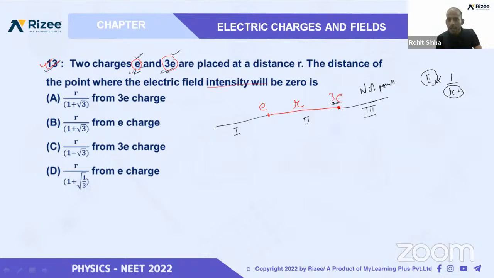If this one has more charge, then we have to move far from this charge and closer to this charge. Then only can we balance the electric field intensity, by common sense. So it can be either this side closer to E, or this side, so that it will be closer to E. So there are two possibilities. It can be here or it can be here. So let us consider this is X here.